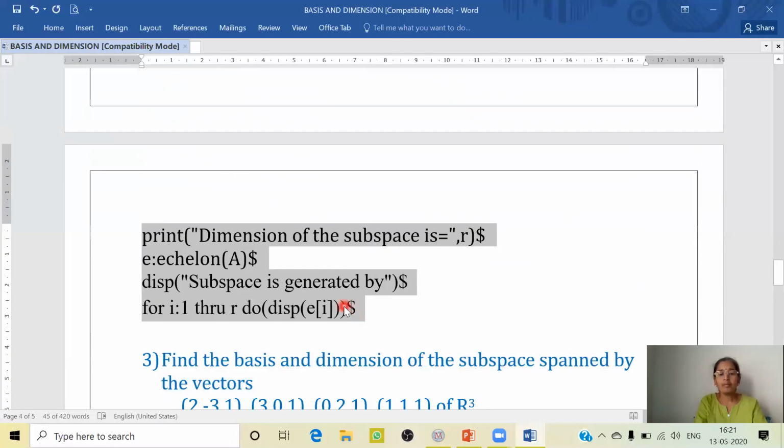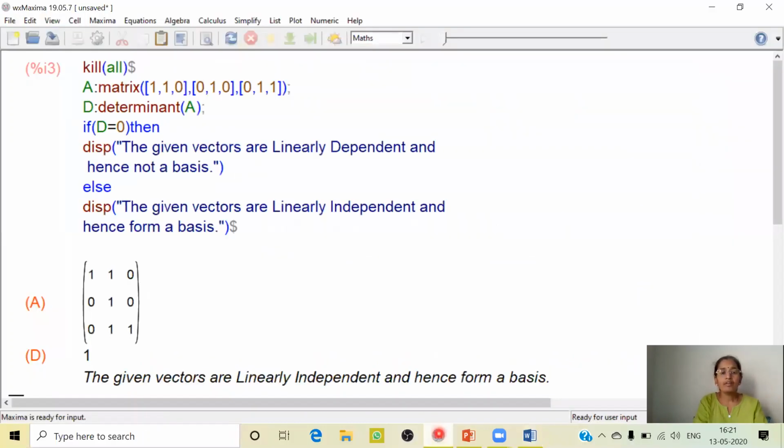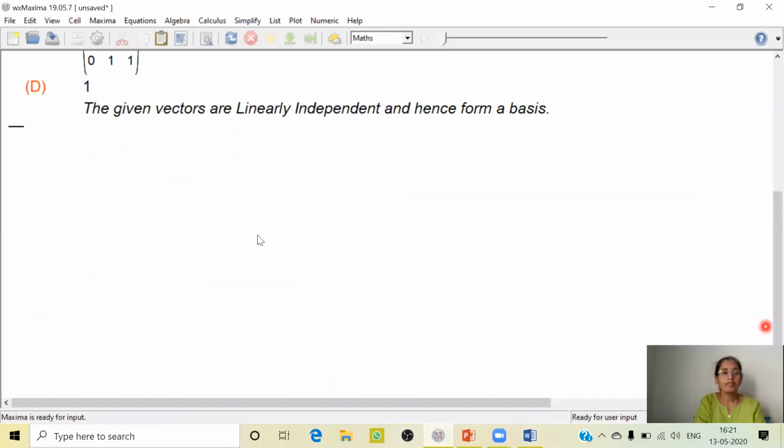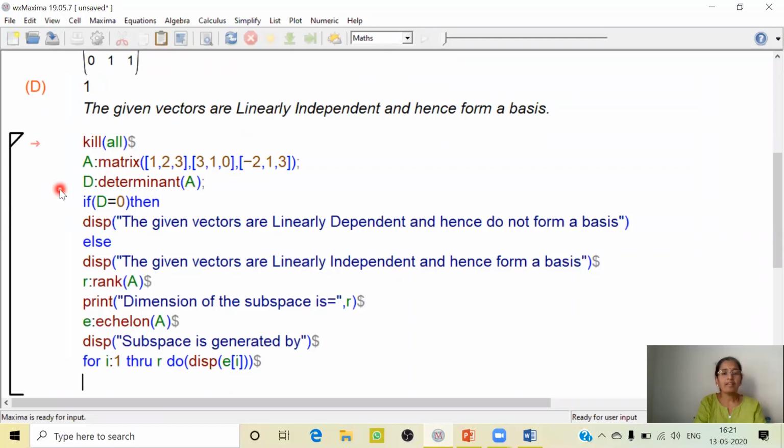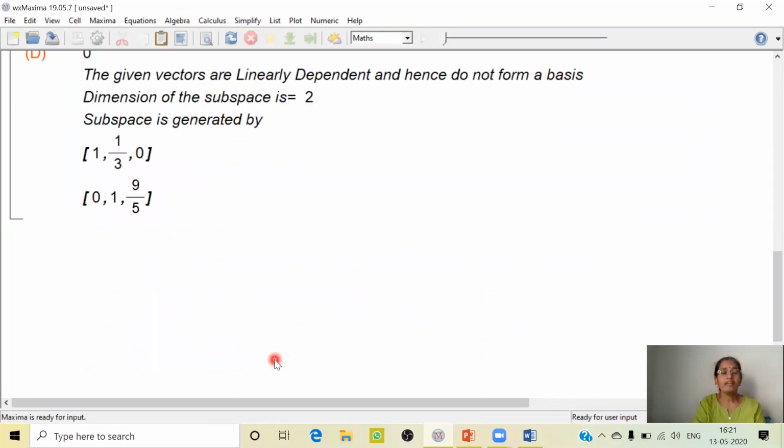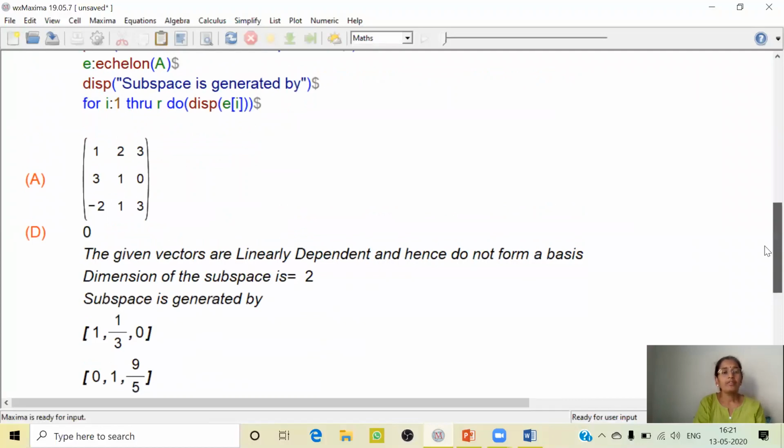Let us copy this command, put it in the Maxima window. So let us paste it in the Maxima window. So it runs like this. So let us use Shift Enter keys to obtain the output. So this is the given matrix and the determinant value was 0.